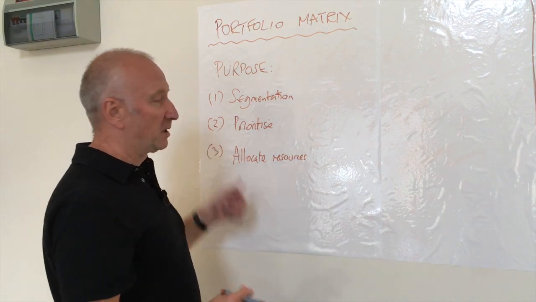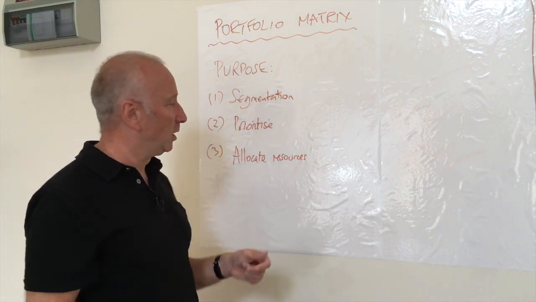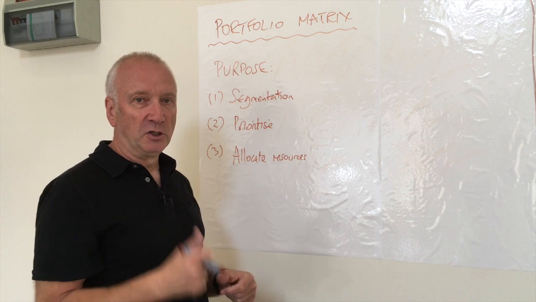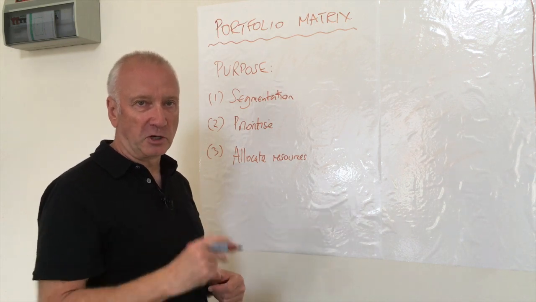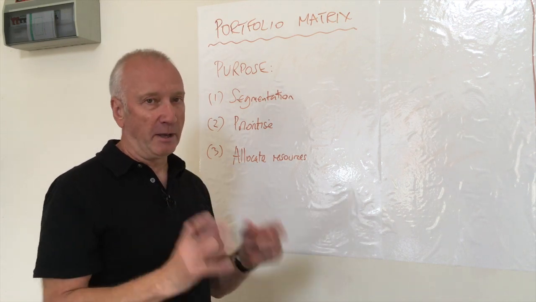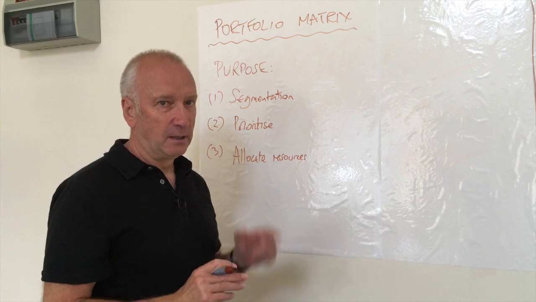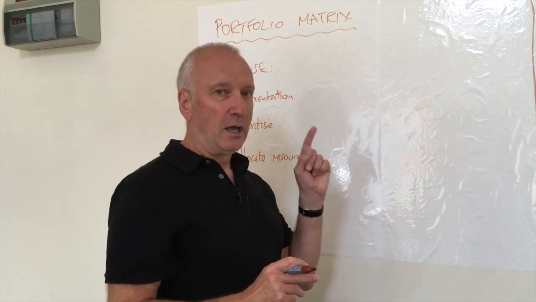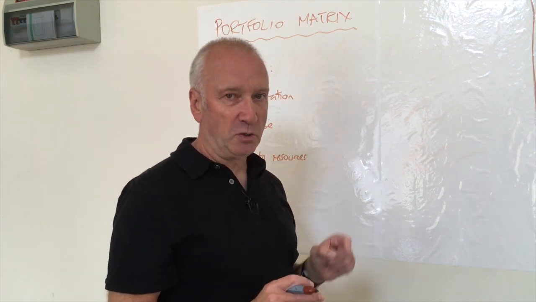So, purpose: segmentation. The second one is to prioritize, understand which are the most important and those that are less important, and thirdly, about allocating resources. So let me go on to talk about how the matrix actually works.